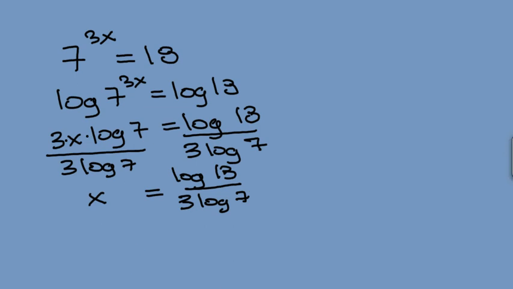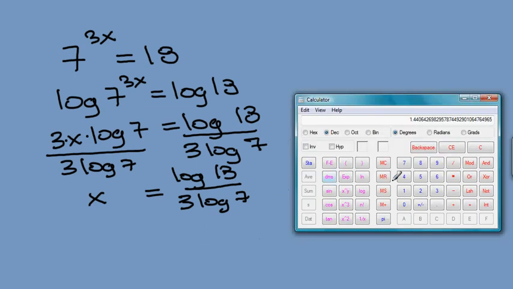Now if we're going to use a calculator on this, what we're doing here is we need to make sure we use our parentheses. First, we want the log of 18 divided by, open your parentheses, so we have 3 times 7 log, close the parentheses, now equals.